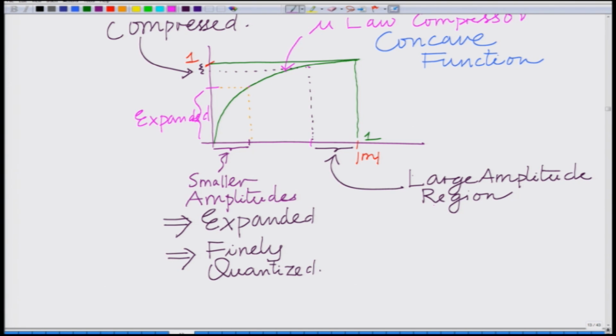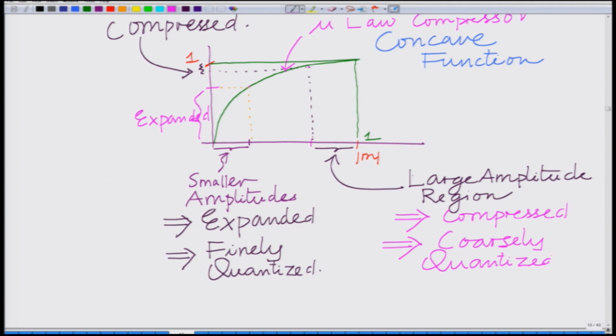This region is the large amplitude region, this is compressed, which implies this is coarsely quantized.